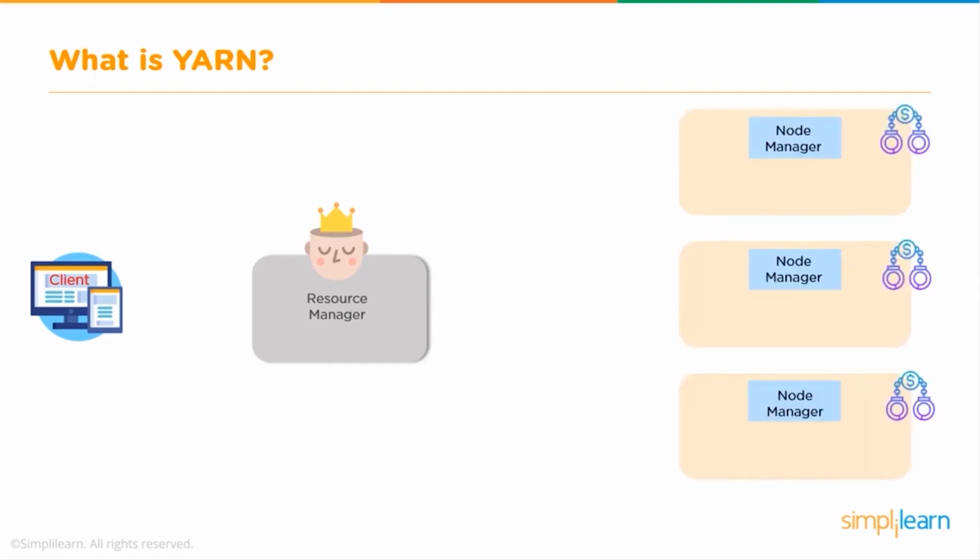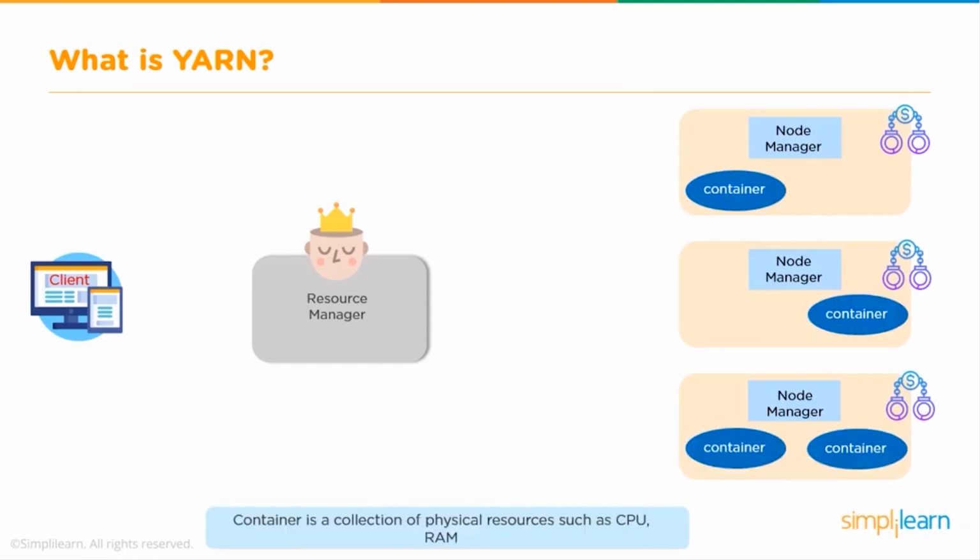Now resource manager, which is the master, is keeping track of the resources which node managers have. Every node manager is like a worker process which has some allocated amount of resources. For example, if every machine had 10 CPU cores and 20 GB RAM, some percentage of those resources would be allocated to the node manager on every machine to take care of your processing.